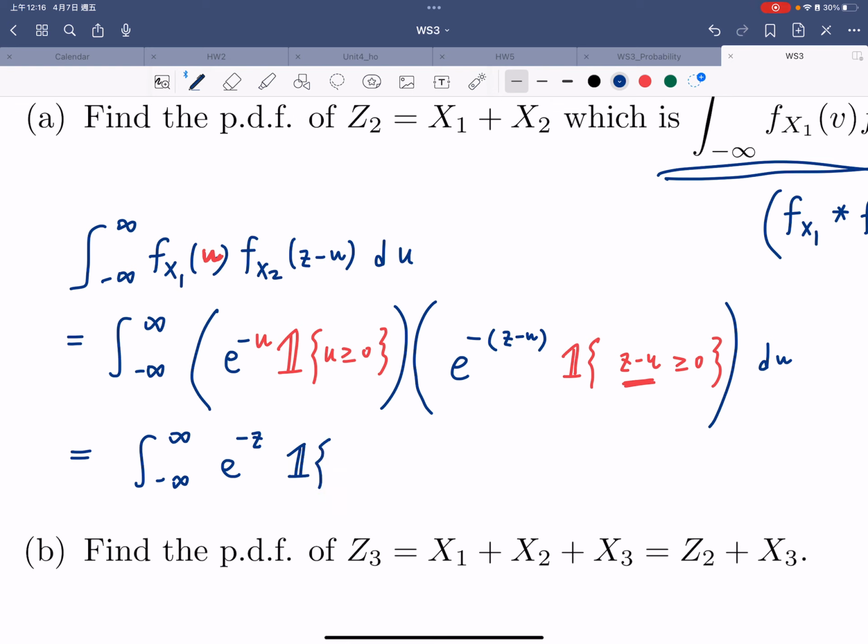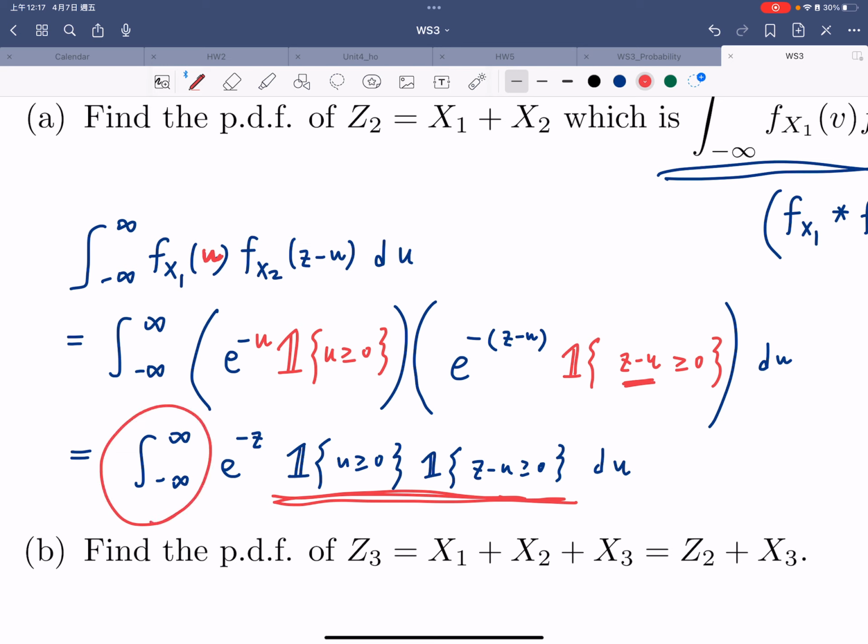And here u is greater than 0, and z minus u is also greater than 0, du. So this indicator function will influence your domain, right? Since u is greater than 0, this indicator function is 1 only when u is greater than 0, otherwise it's 0.